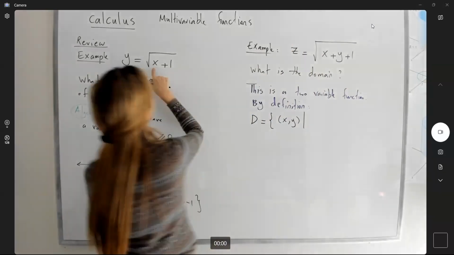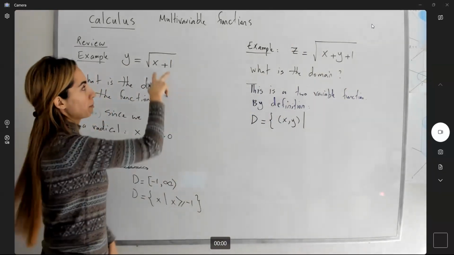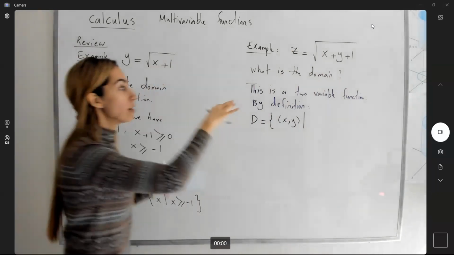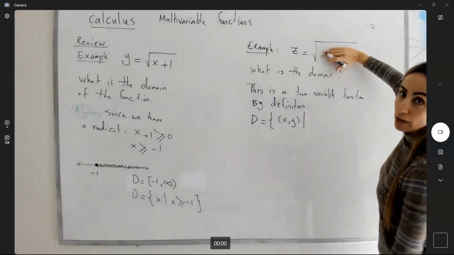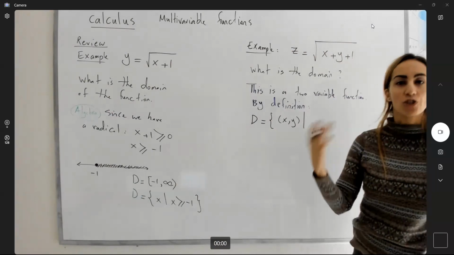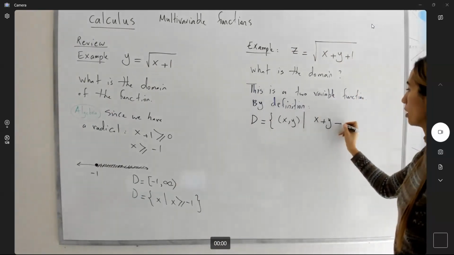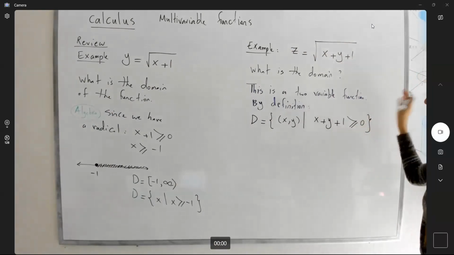If we have a radical, the quantity inside the radical, whatever it is, must be larger than or equal to 0. It applies to multivariable functions as well. There's no difference. As long as you have a radical, the quantity must be larger than or equal to 0. So x plus y plus 1 must be larger than or equal to 0.